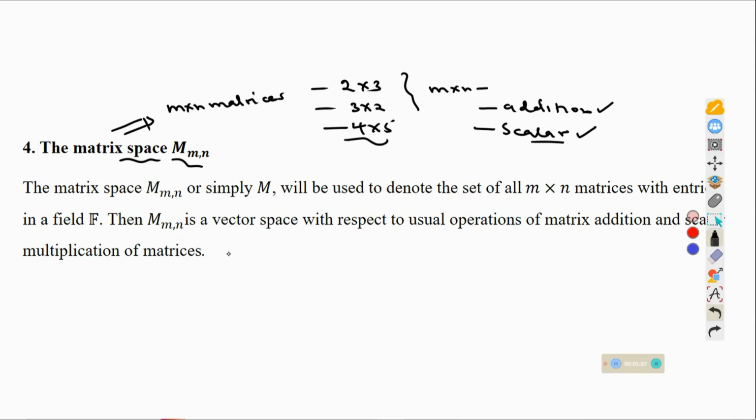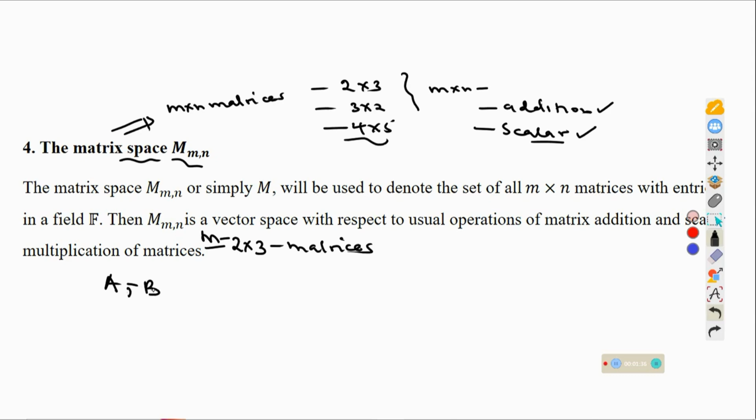So when you have, for example, a space consisting of 2 by 3 matrices, call this space M, then A and B, for example, are picked from this given space.